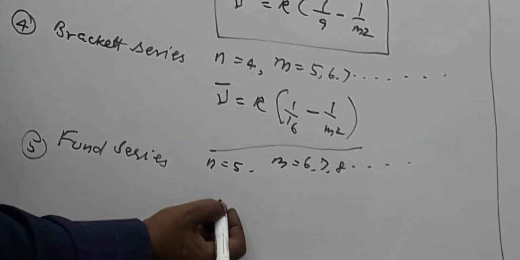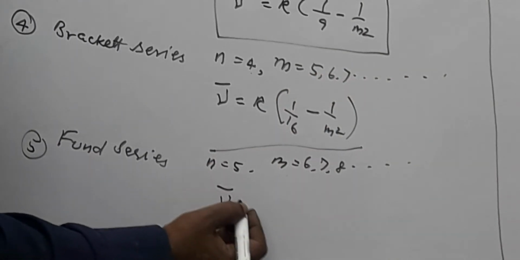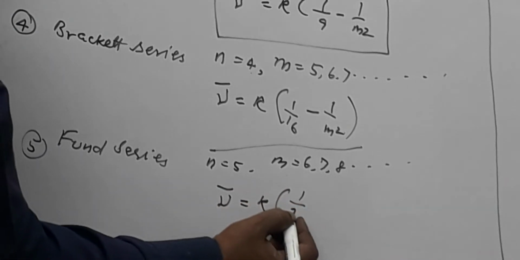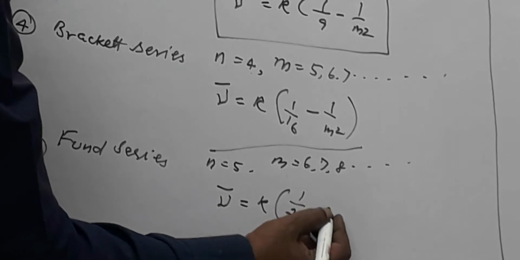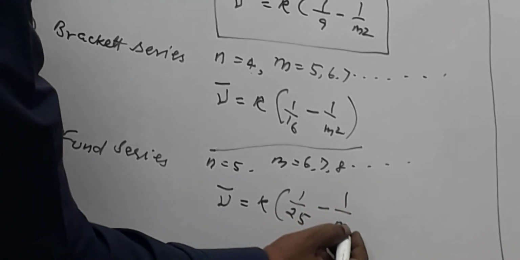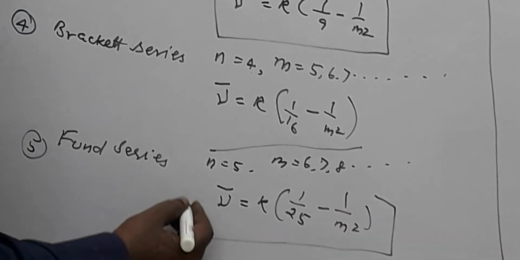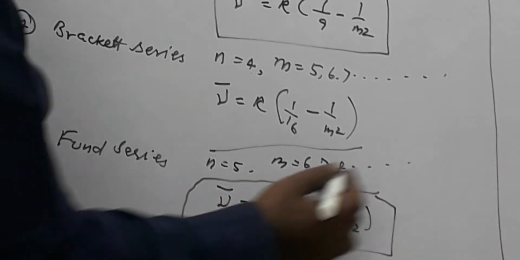So we can substitute the value: R into 1 by 5 square, which is 1 by 25, minus 1 by m square. And this is the equation for explaining the wave number of the Pfund series.